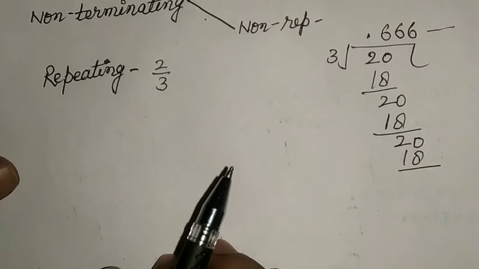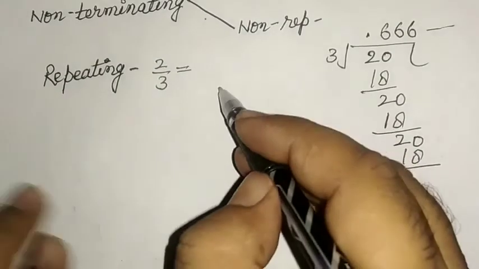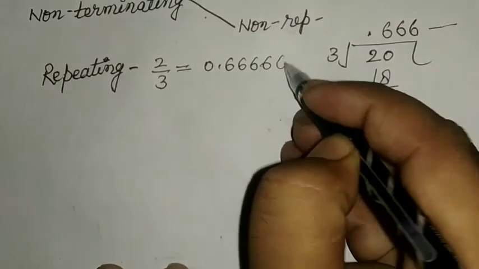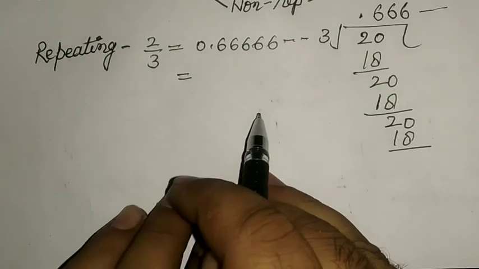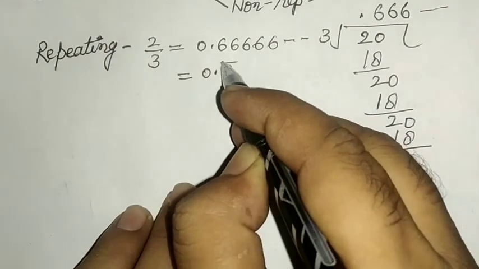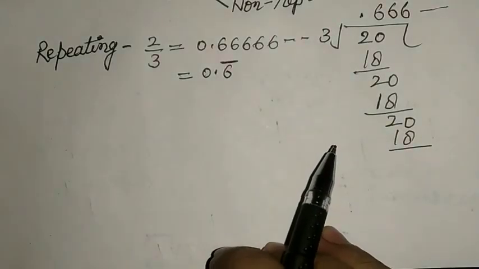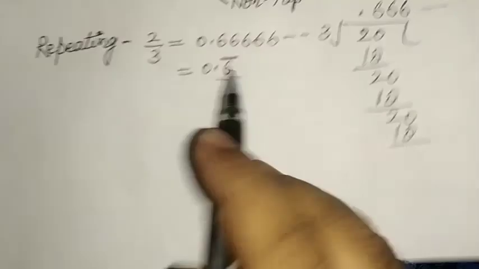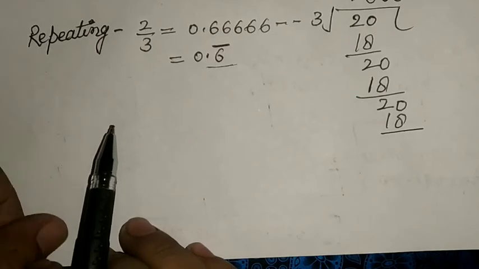There is no remainder zero here. So we can write 0.666666 and so on. In a short way we can write 6 recurring, we put a bar on 6, it means 6 recurring again and again.